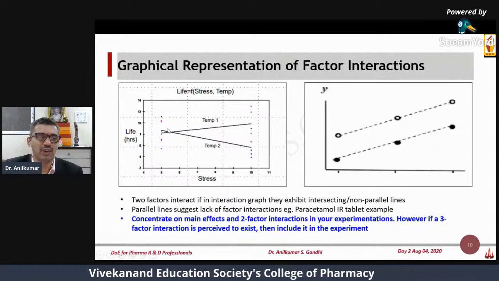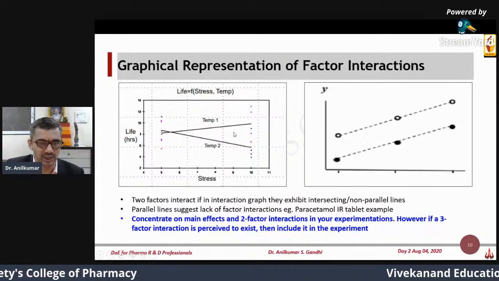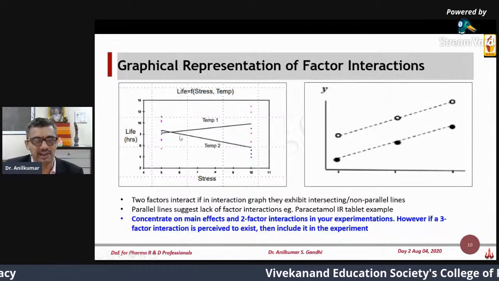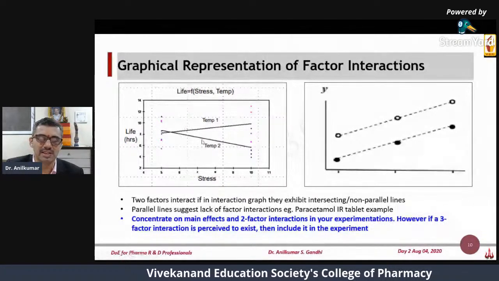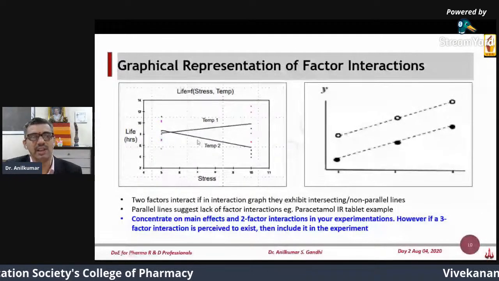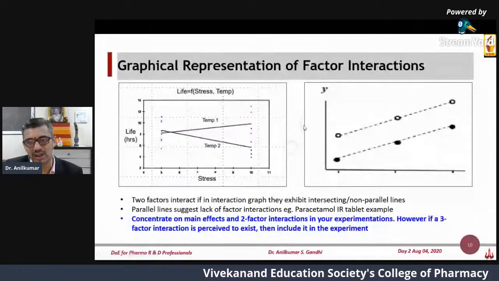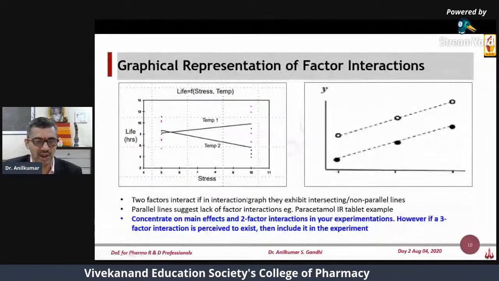And when you have two lines on the left of the screen that are intersecting, then these factors would interact. So this is how, looking at the graph, you can determine the factor interaction.